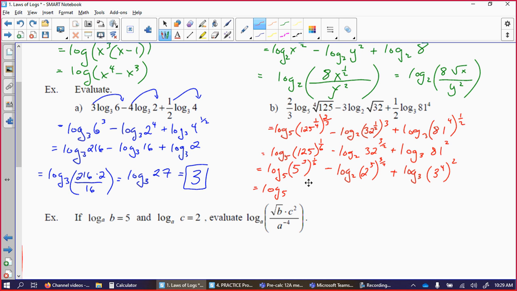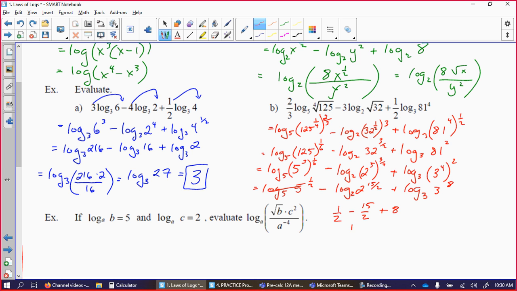Log base 5, that's going to be 5 to the 1/2. 15 over 2. And log base 3 of 3 to the 8th. A half minus log base 2 of 2 is that, so a half minus 15 over 2 plus 8.